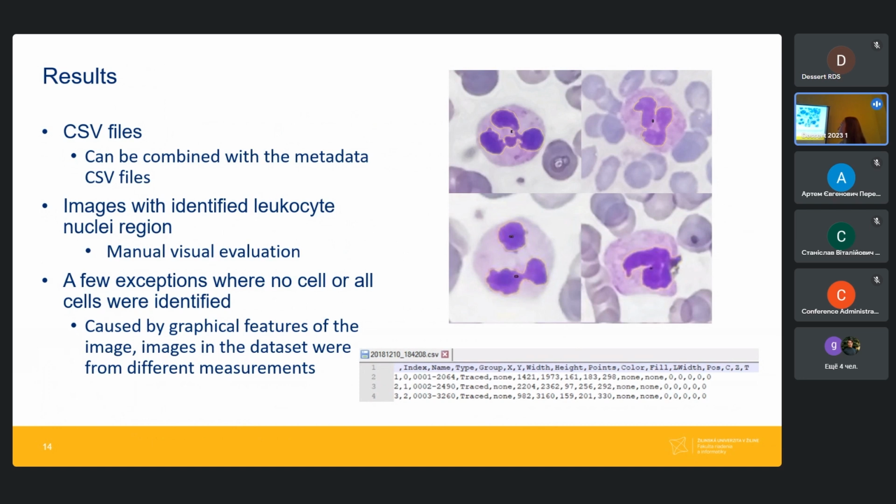It would be really hard to get it by using just the graphical features. For that, you would probably have to train some active learning or machine learning model. But using the graphical features, selecting the whole cell is not possible, so you will just select the nuclei. That's the best that you can do.